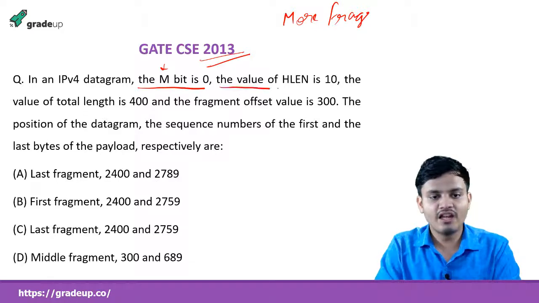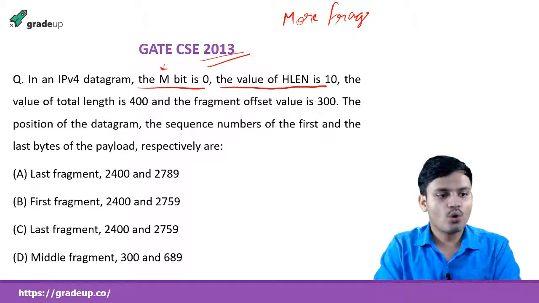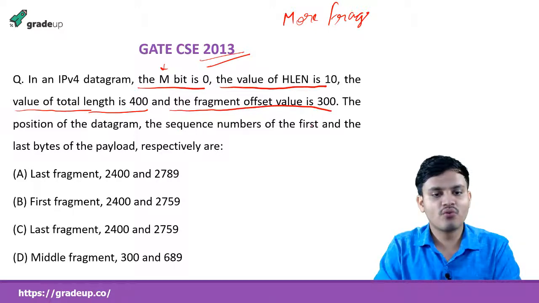The value of header length is 10. The total length value is 400. The fragment offset value is 300. The question asks for the position of the datagram and the sequence numbers of the first and the last byte of the payload respectively.